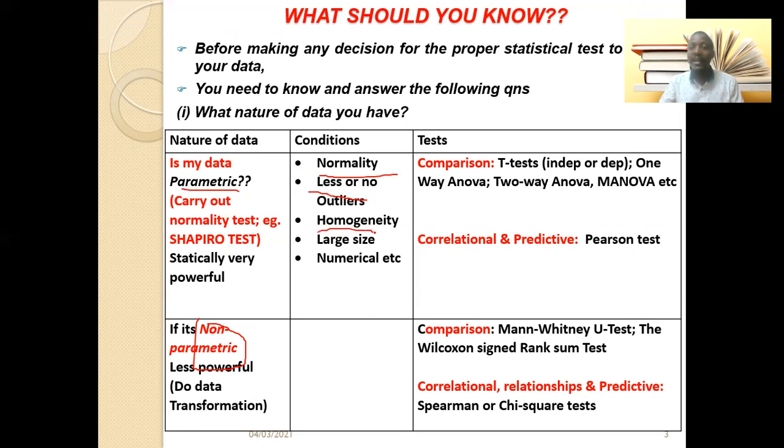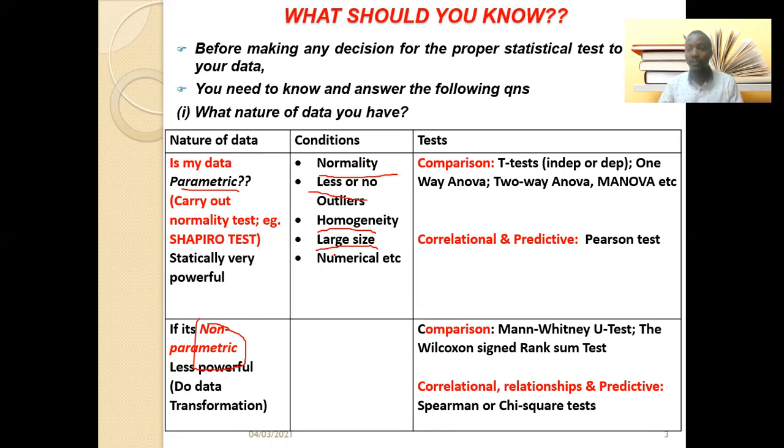The data are highly homogeneous. There are equal variances, and even the sample size might be considered. We believe that for data to be parametric, it should have a larger sample size. The larger the sample size, the more it increases the possibility of your data being parametric, even if it was not parametric in nature.